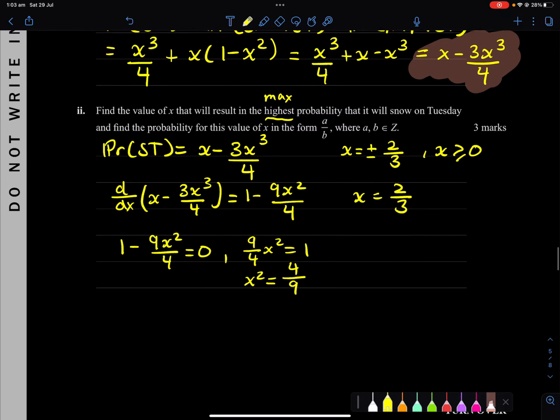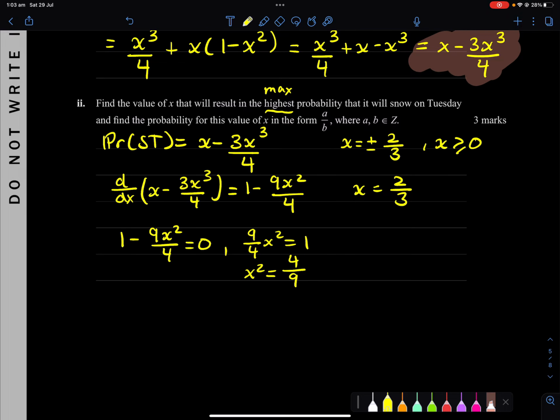Now all I have to do is sub that in to find the probability. So the probability of ST is equal to 2 over 3 minus 3, cube that, so it'll be 8 over 27. Yep, so 3 times 3, 9, all over 4.